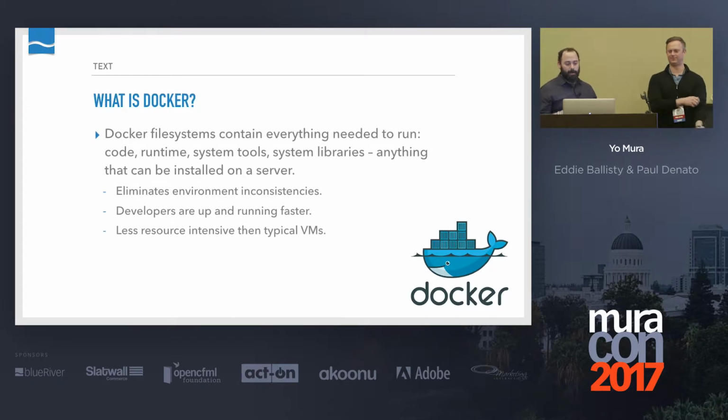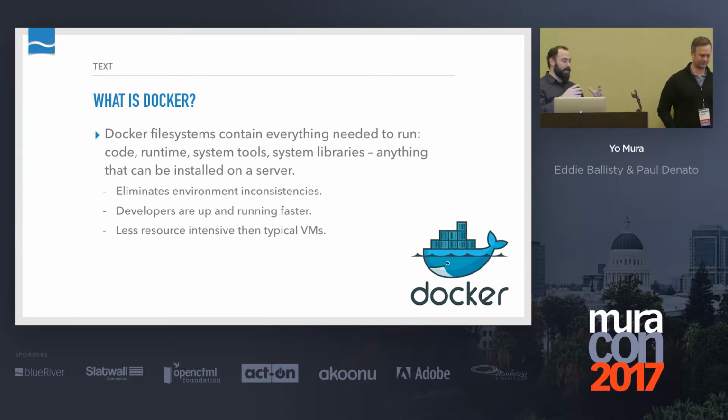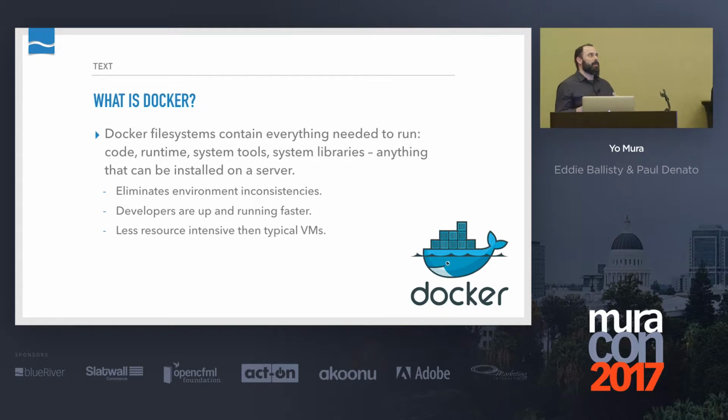So basically, from my understanding, it's using these file system containers. Before, you always had to have your local host do this and your Apache server do that, and you had this weird uncertainty about whether everything's going to work when you push it to production.